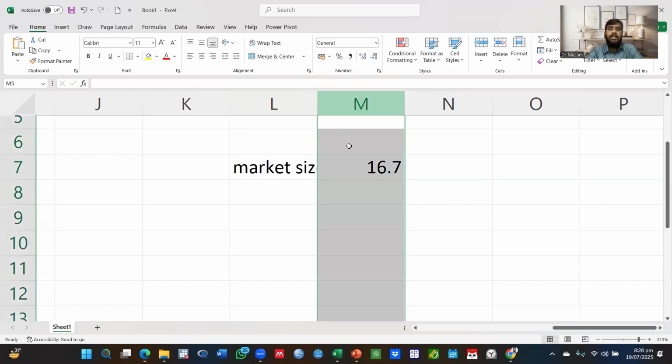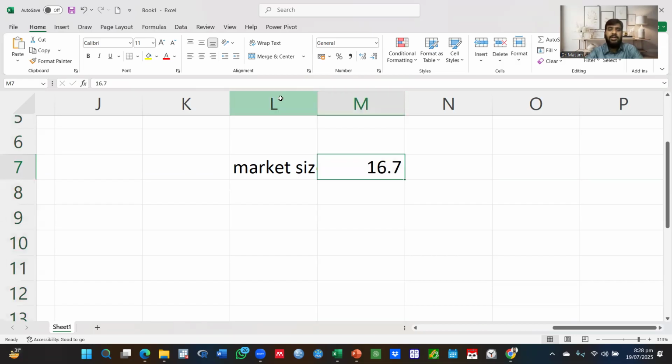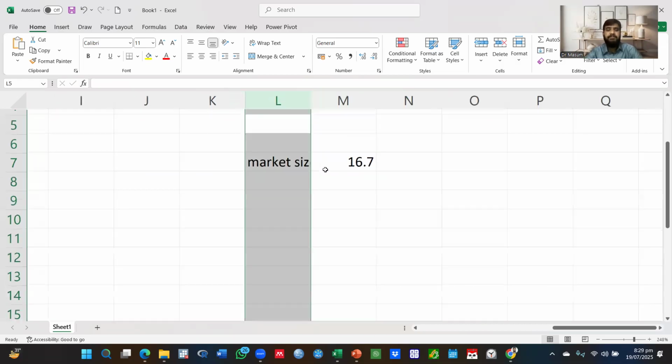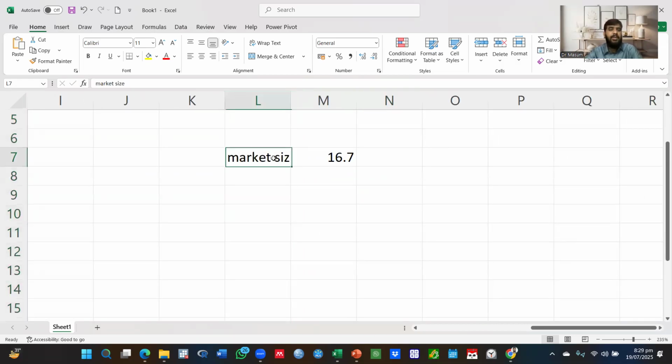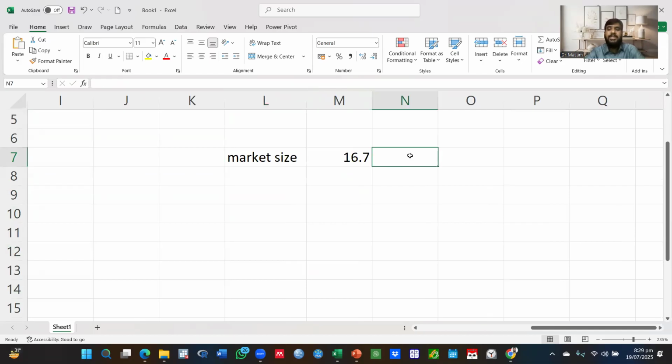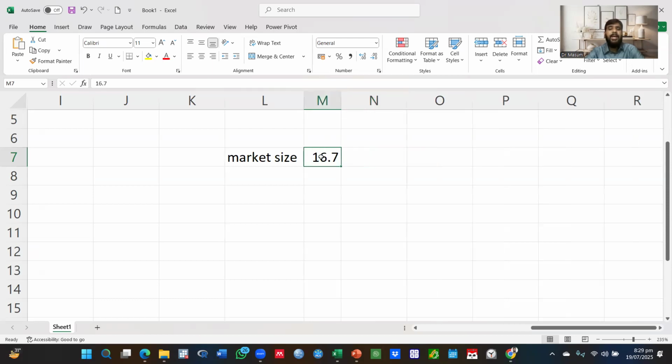And are you getting it? Market size is not measured by square meter. Market size means number of buyers buying your product, and this buying amount is converted into dollars.